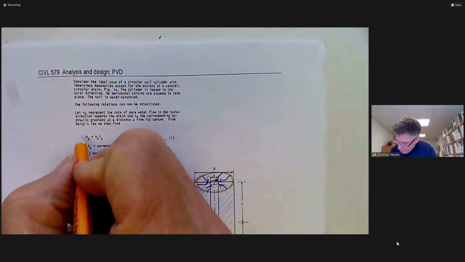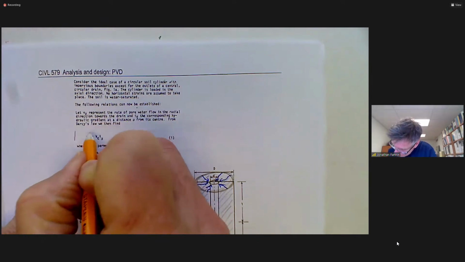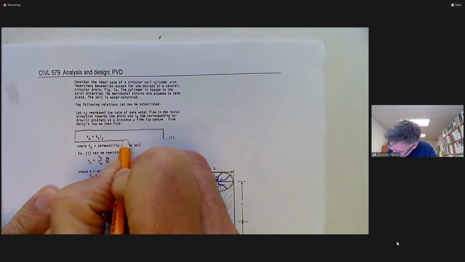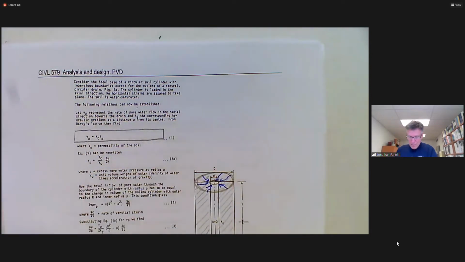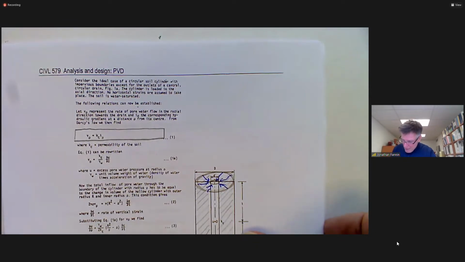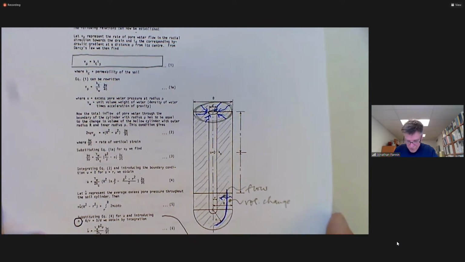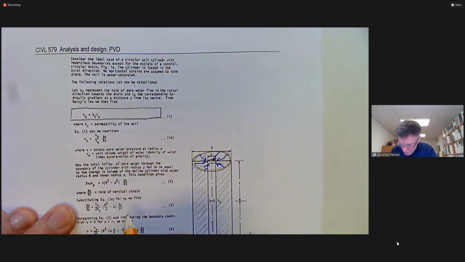First up, Darcy's law. That's an assumption. Then let's look at this flow and volume change. There's another assumption, and let's box that.